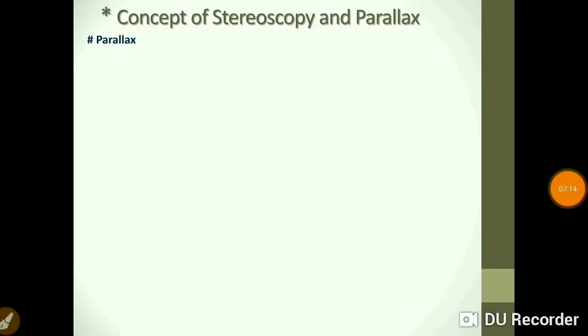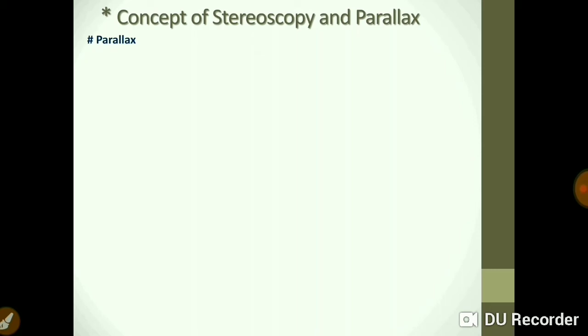Now there may be a question in your mind that sir, you are telling that this stereoscope is used to put these stereo pairs apart from each other by some fixed distance. Then how is the stereoscope used to find out the elevation difference?